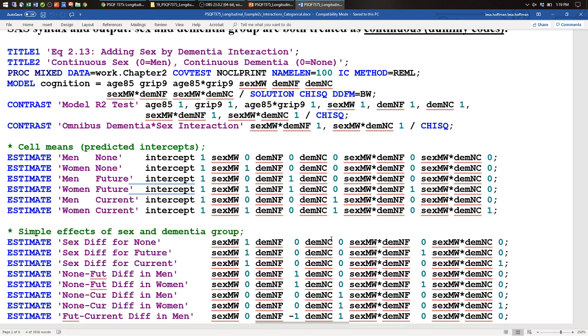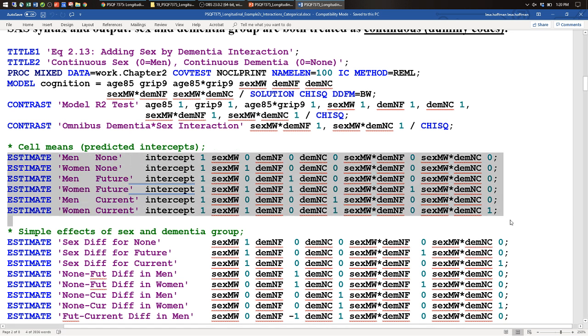You mentioned the variables you didn't enter here, you treat them as constant. They're treated as constant, so up here, because age and grip are not in here, they're being held at their 0 values. And so these would be considered adjusted means.